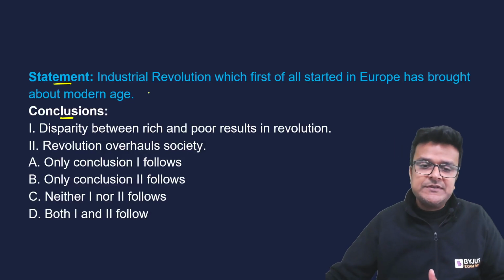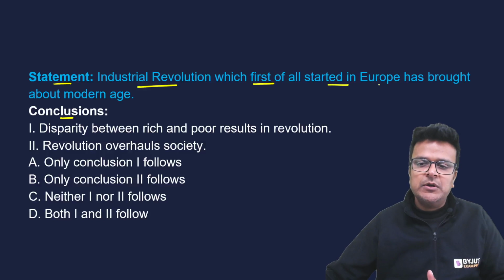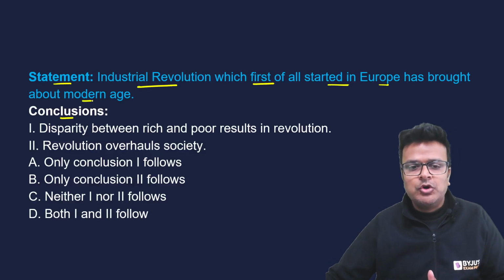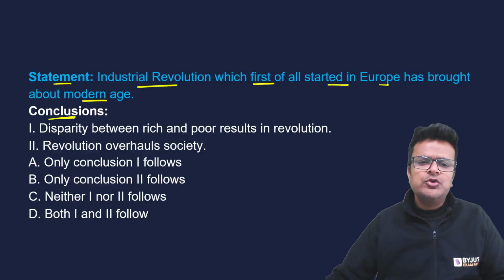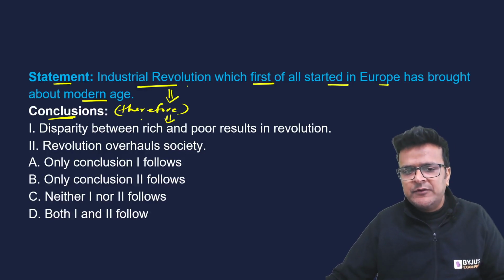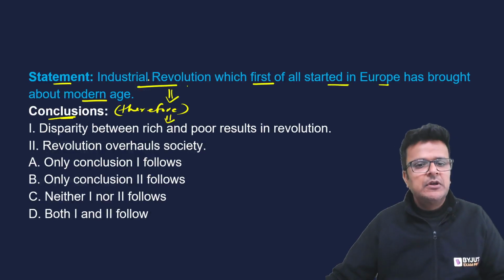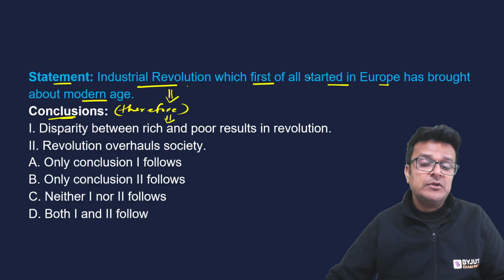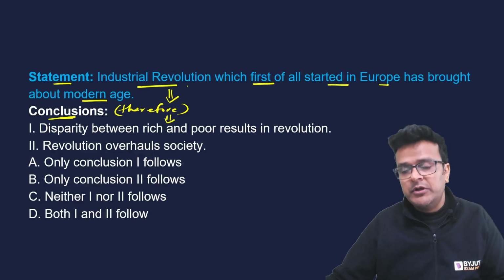The statement says the Industrial Revolution, which first of all started in Europe, has brought about the modern age. Now, if I use the word therefore between this statement and the conclusion, they should make sense. Industrial Revolution, which first started in Europe, has brought about the modern age.